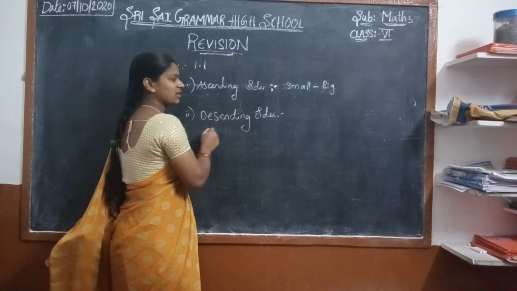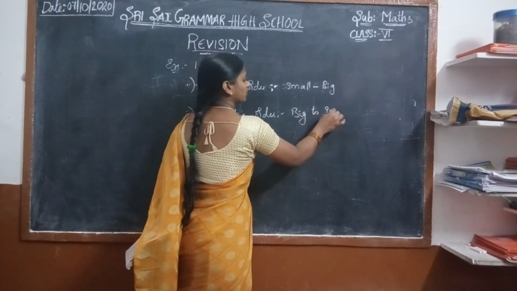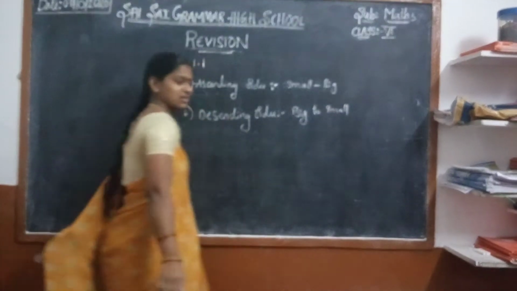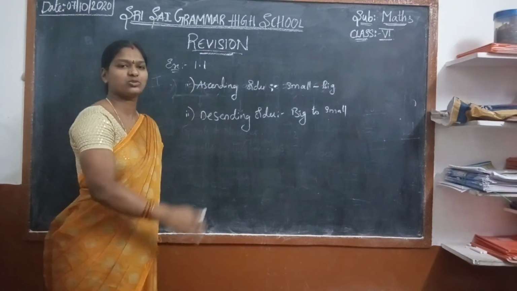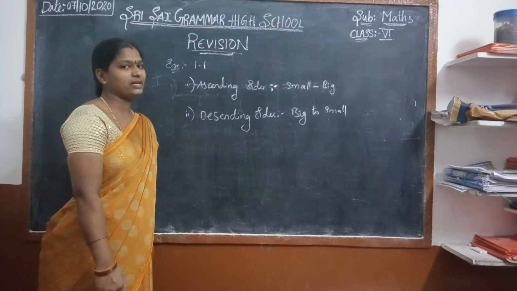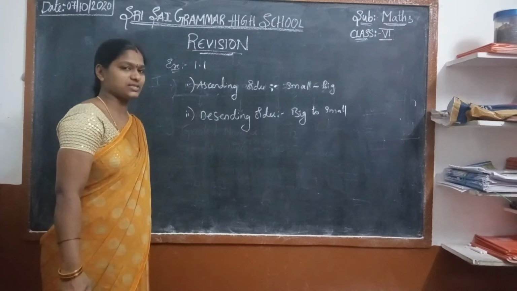Descending means big to small. Ascending means small to big, descending means big to small. Let us take some problems for ascending and also descending.